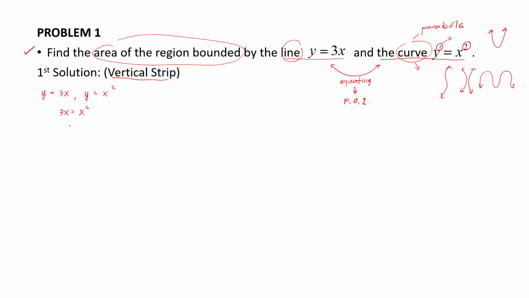Okay? So isolating all the terms, dapat equal to 0 siya. So x squared minus 3x equals 0. So factor out x, this would give us x times x minus 3 equals 0.